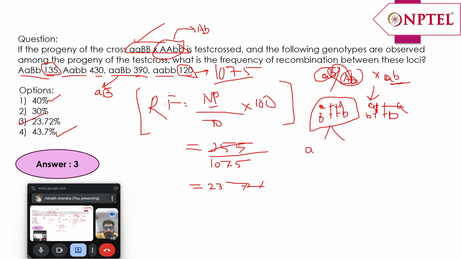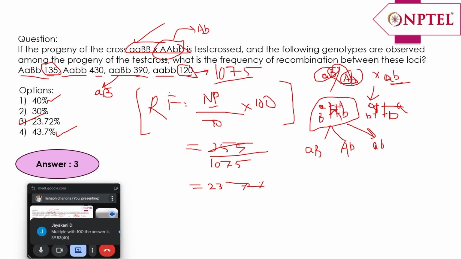So when the gametes are formed, this would be small a, capital B, and capital A, small b, because no crossing over happens in between these two. If crossing over happens, this will be exchanged with this and this with this. So the non-parental gametes would be small a, small b, because this a will be joined to this b, small ones.